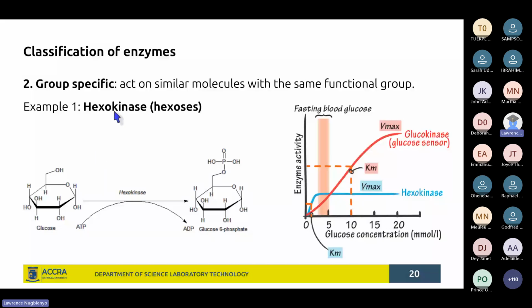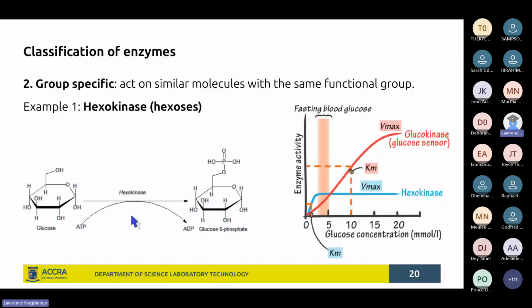So you see the similar reaction, the same reaction actually, glucose forming glucose 6-phosphate. Hexokinase will also act in the same reaction. And the hexokinase can do the same for other hexoses like fructose, like galactose.